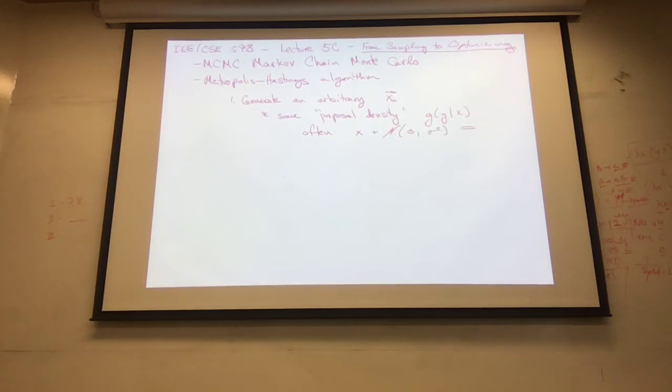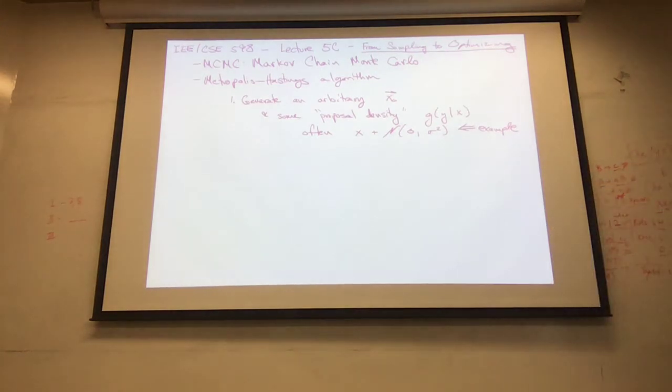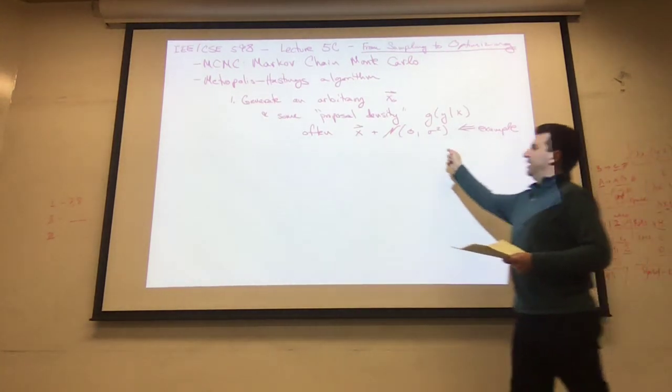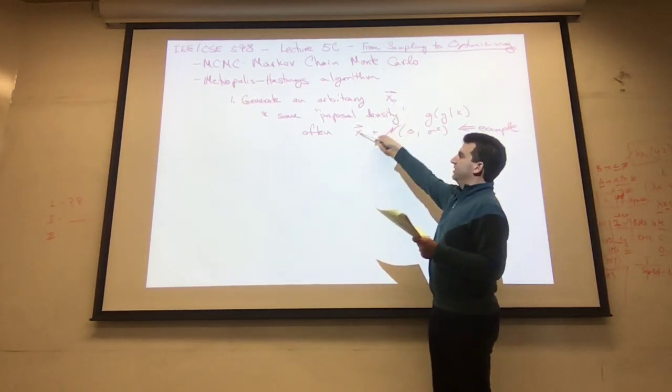So this is an example, and this would be a multivariate Gaussian. And so this moves you from your arbitrary position to some new position.